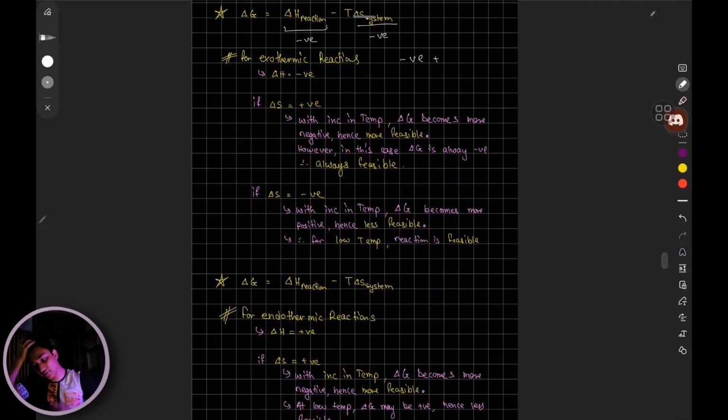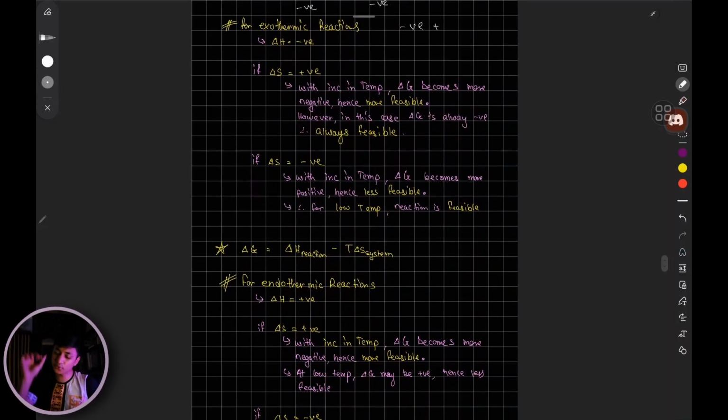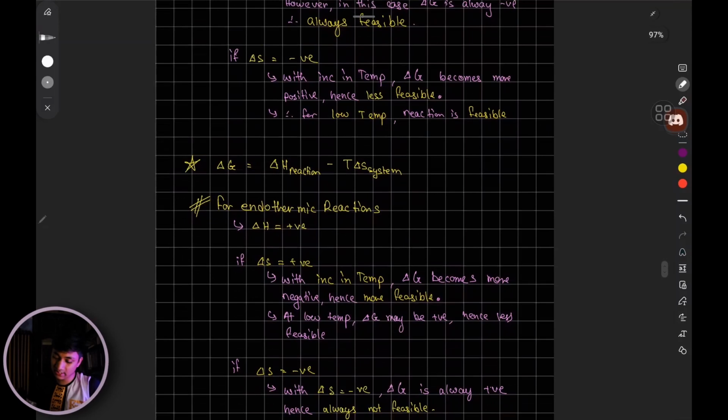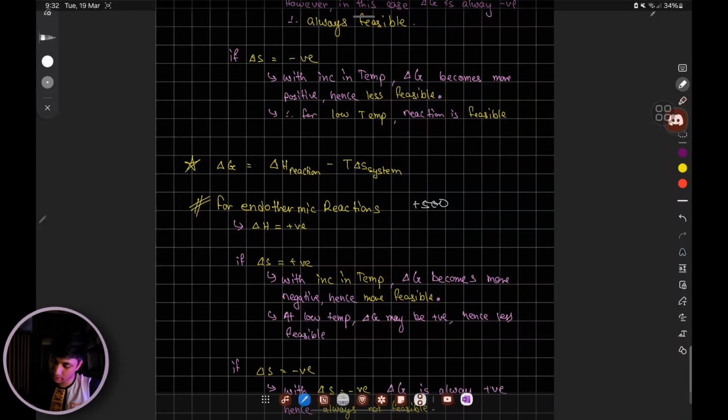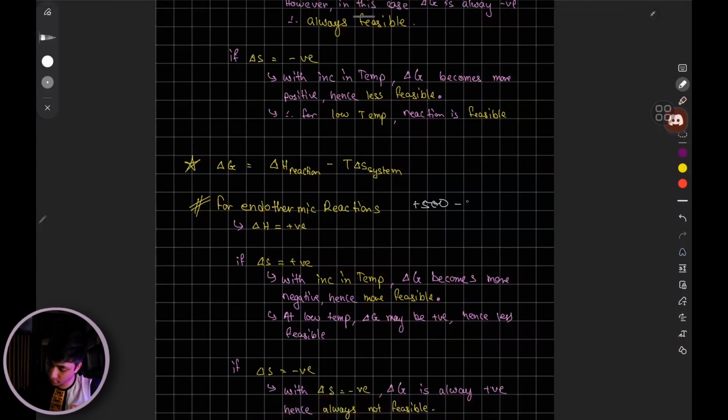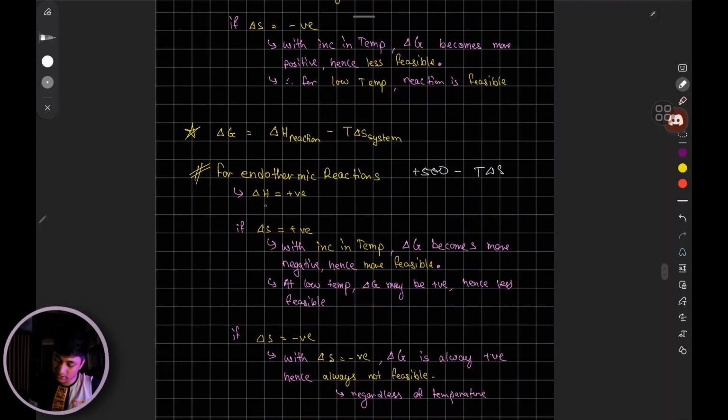Now, let's further look into endothermic reactions. What happens then? If you have an endothermic reaction, that means your change in enthalpy is positive. Let's say positive 500, and you have minus T del S. Let's say your change in enthalpy is positive due to the endothermic reaction, and your change in entropy is also positive.